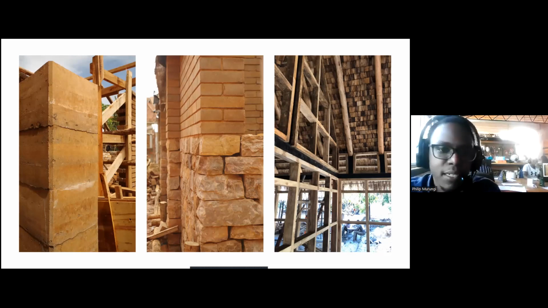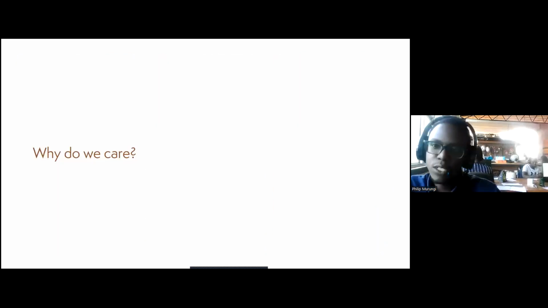There are different breathable materials. Timber is breathable, concrete is breathable, rammed earth is breathable, earth bricks are breathable. But before we get into all that, why do we really care? Why is this important to us?